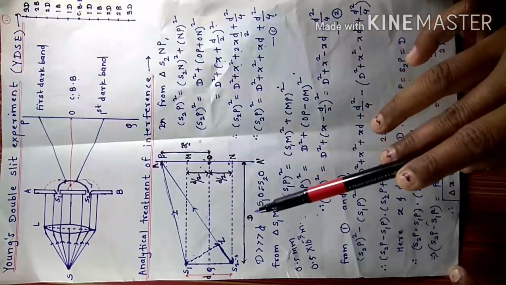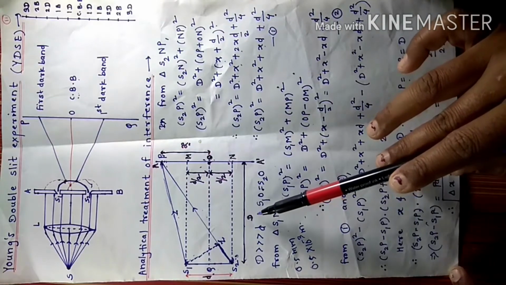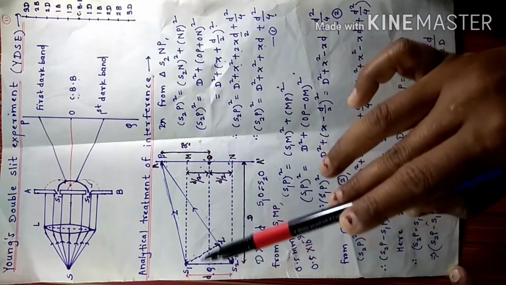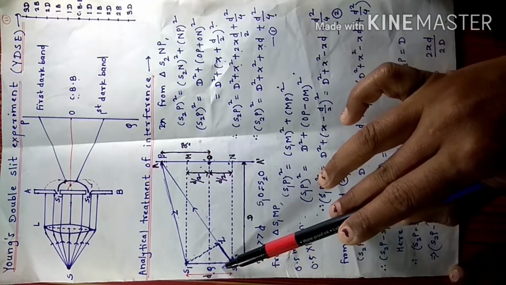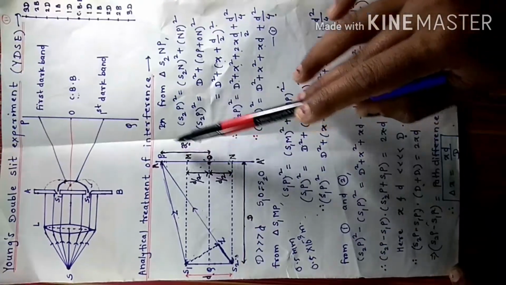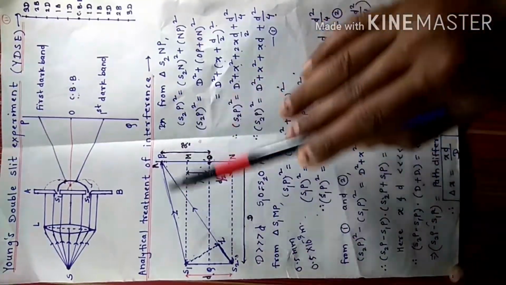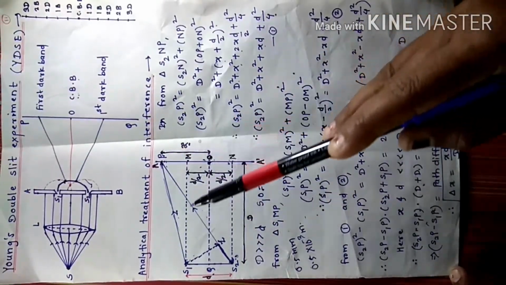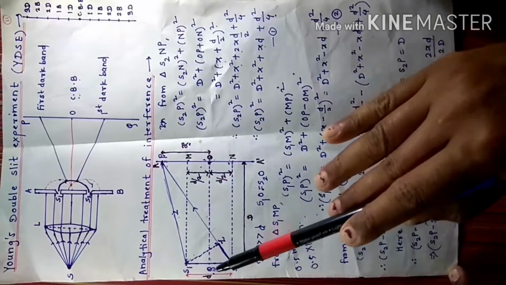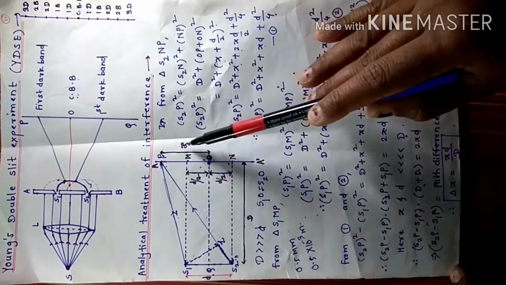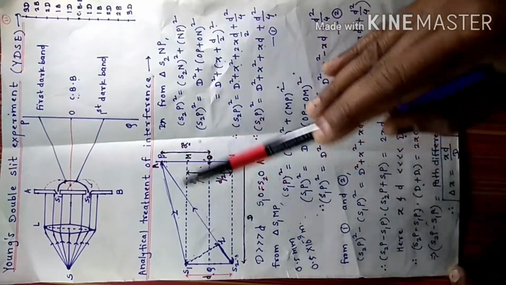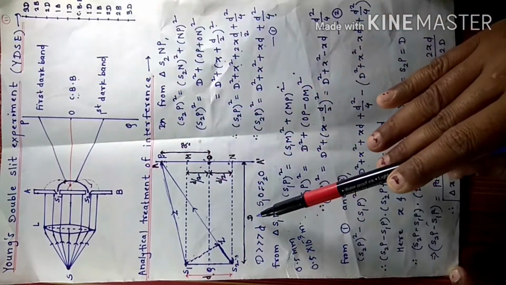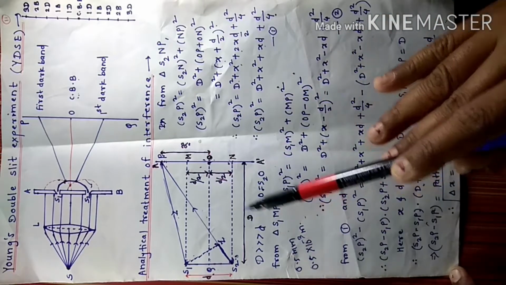Note that capital D is much greater than small d and x. For convenience, we have shown the distances so large, but actually small d and x are in millimeters, whereas capital D is in meters.